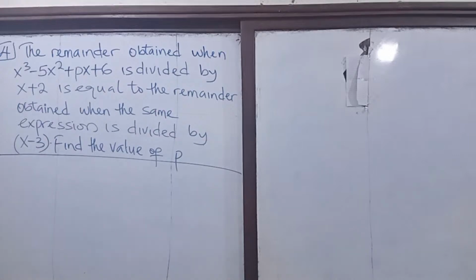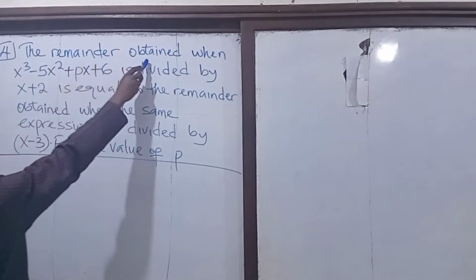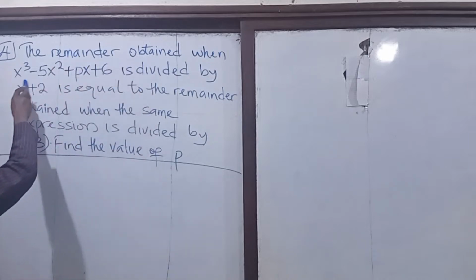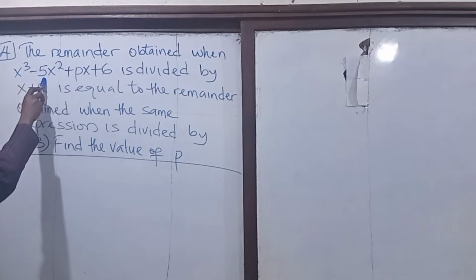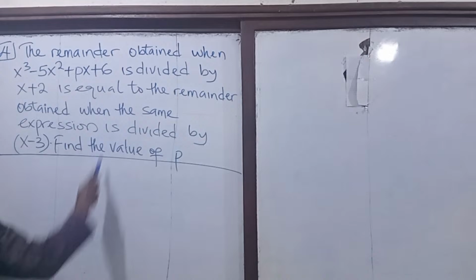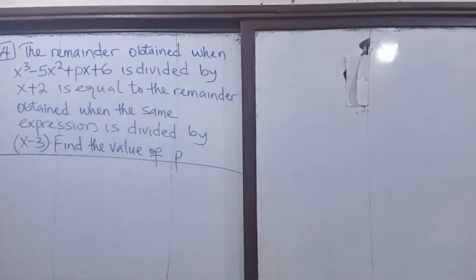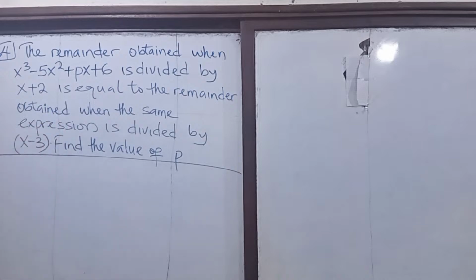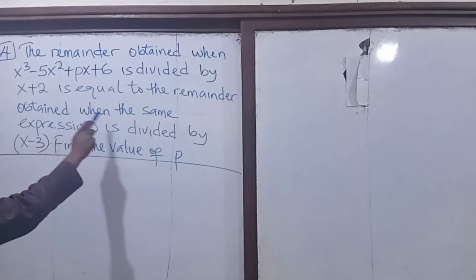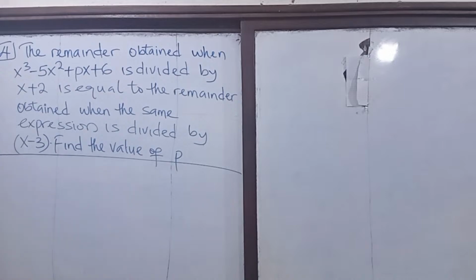Yeah, we have question 4. The remainder obtained when this polynomial, x cubed minus 5x squared plus px plus 6, is divided by x plus 2 is equal to the remainder obtained when the same expression is divided by x minus 3.